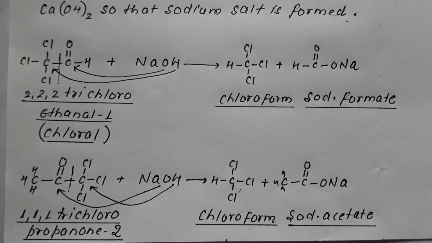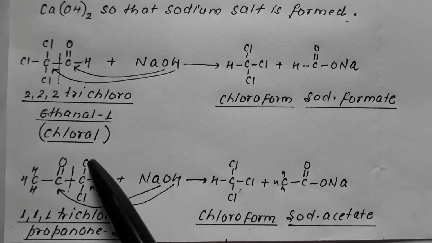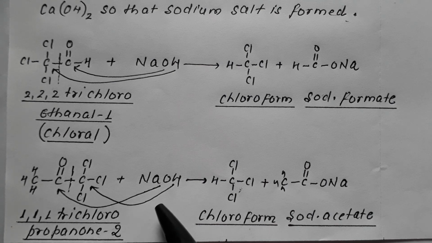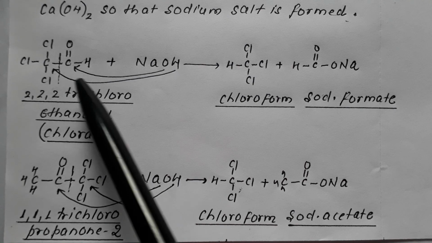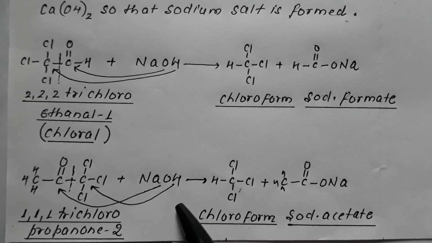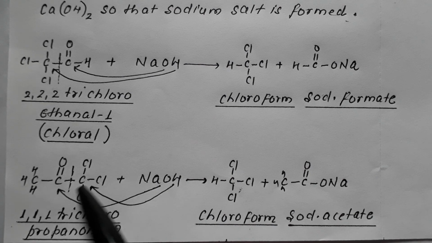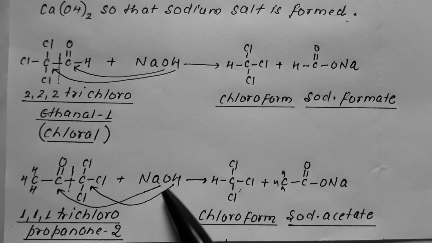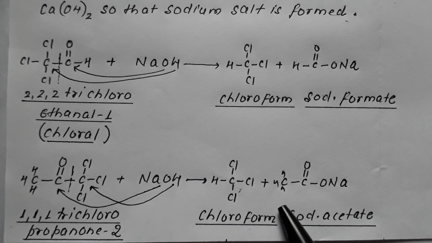Now similarly, 1,1,1-trichloropropan-2-one is made to react with sodium hydroxide instead of calcium hydroxide. As we reacted chloral with NaOH, now we have treated 1,1,1-trichloropropan-2-one with NaOH. This carbon bond breaks, one of the H combines over here giving CHCl3, that is chloroform, and ONa combines over here to form CH3C double bond O, ONa, that is sodium acetate.